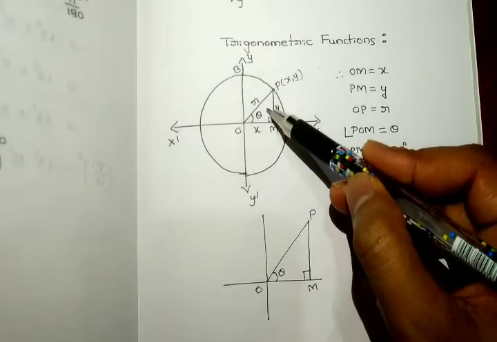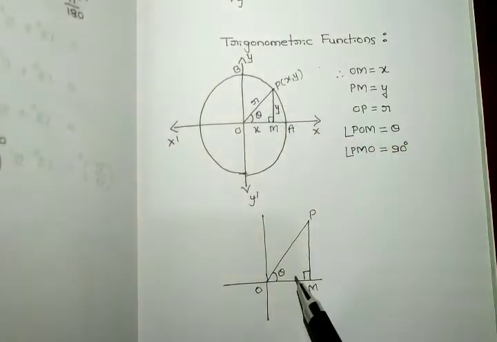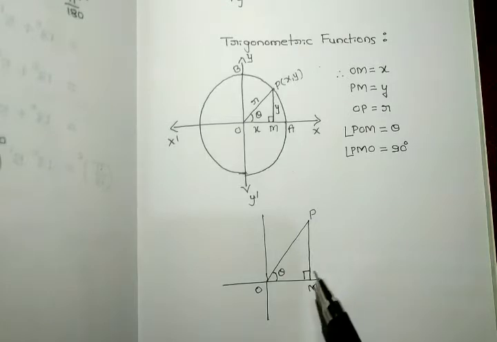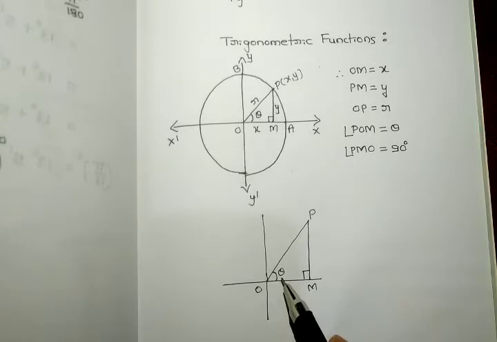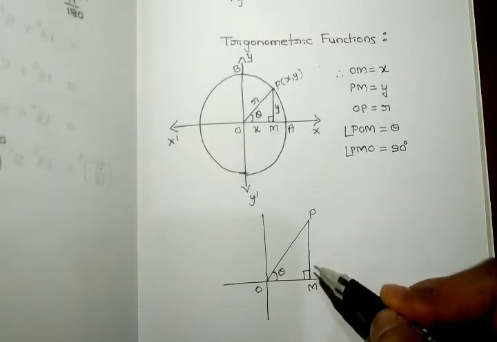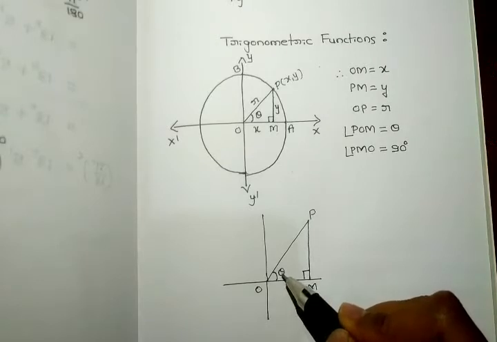Next, this is the same right angle triangle. First, using this right angle triangle, we will define the 3 sides. Remember the angle theta is here. This is the side which is opposite to the angle theta.